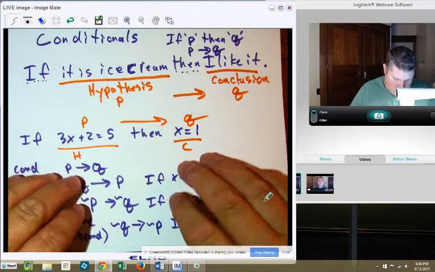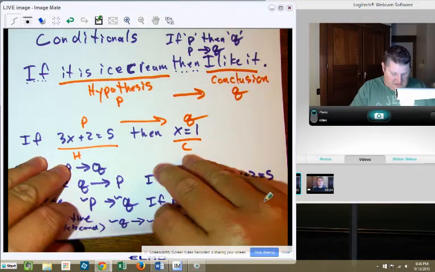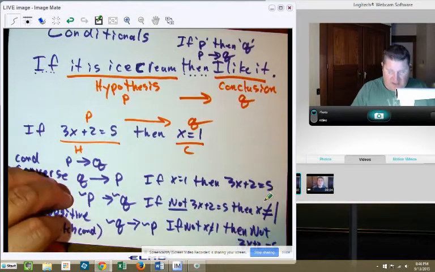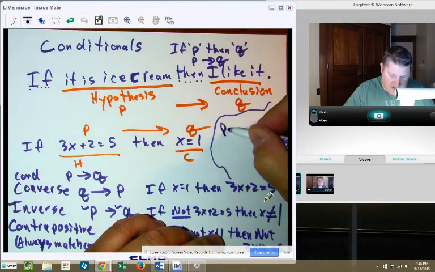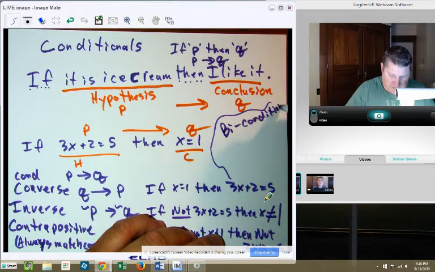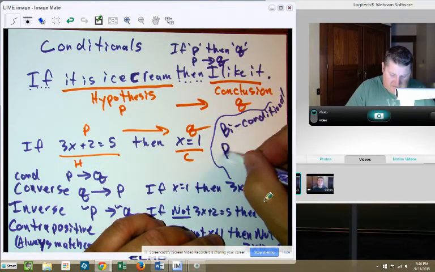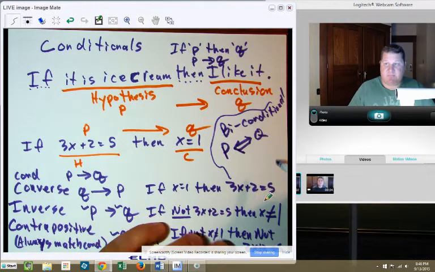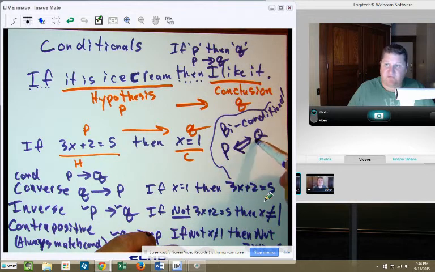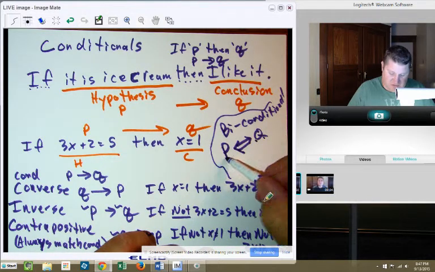Now, there is one other type of conditional that we need to talk about, and that is a biconditional. And that is P arrow Q, but then we also put an arrow going the other way. What this means is that if P is true, Q is true, and if Q is true, P is true.